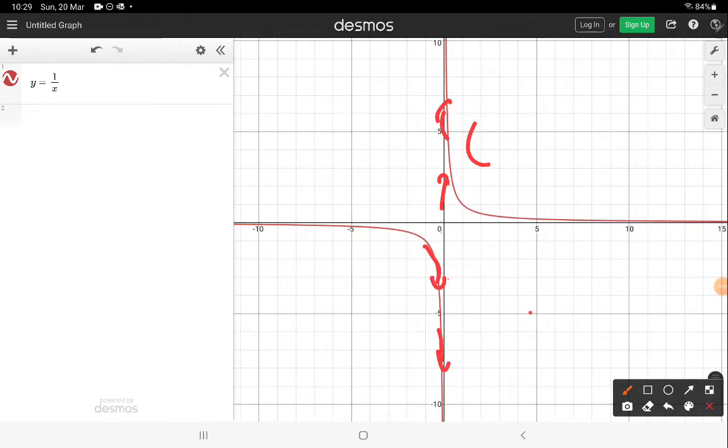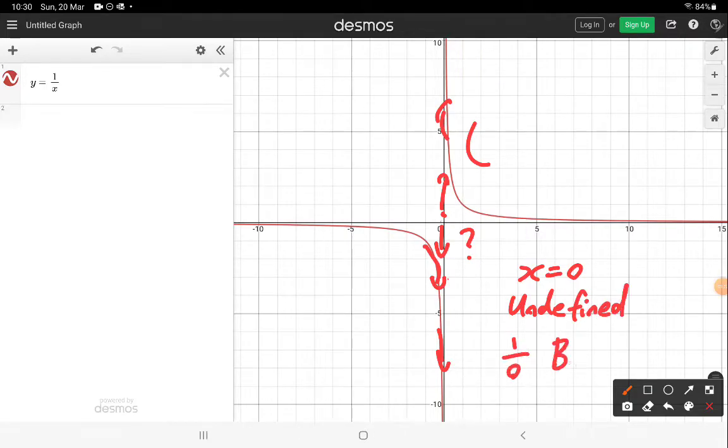So if something's both approaching negative infinity and infinity, what is it really approaching? The answer is it's not approaching anything, and so we can't really understand it in any sort of way. So we say that at x equals 0, this function is undefined. Which makes sense, because if we had 1 over 0, that would be bad. We should not want that to happen.